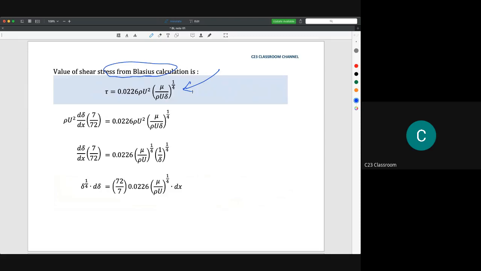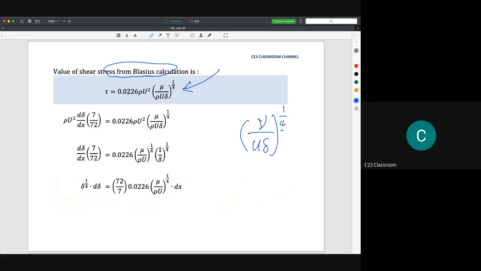So it is given that for 1 over 7, the shear stress is equal to 0.0226 rho U squared times mu over rho U delta to the power of 1/4. But in certain textbooks, they will give you nu over U delta with the power 1/4.